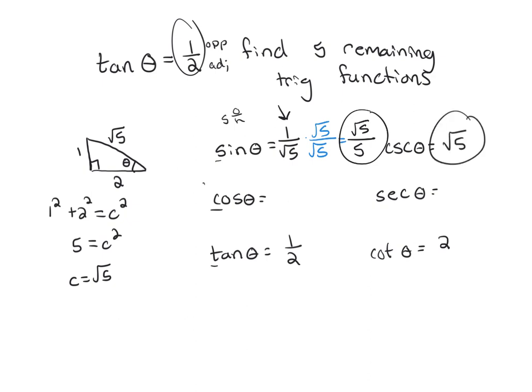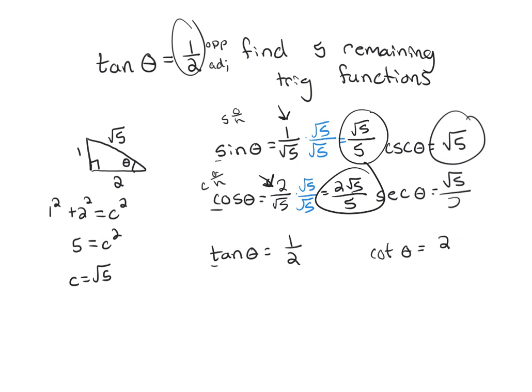Okay, cosine, adjacent over hypotenuse. So 2 over square root of 5. Rationalize the denominator. So 2 square root of 5 over 5. Secant is just this flipped, square root of 5 over 2. And there are all 6 trig functions.